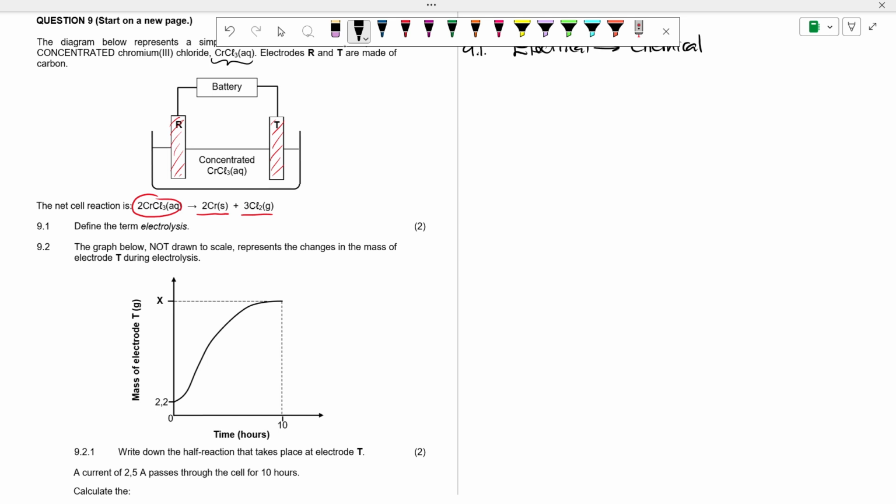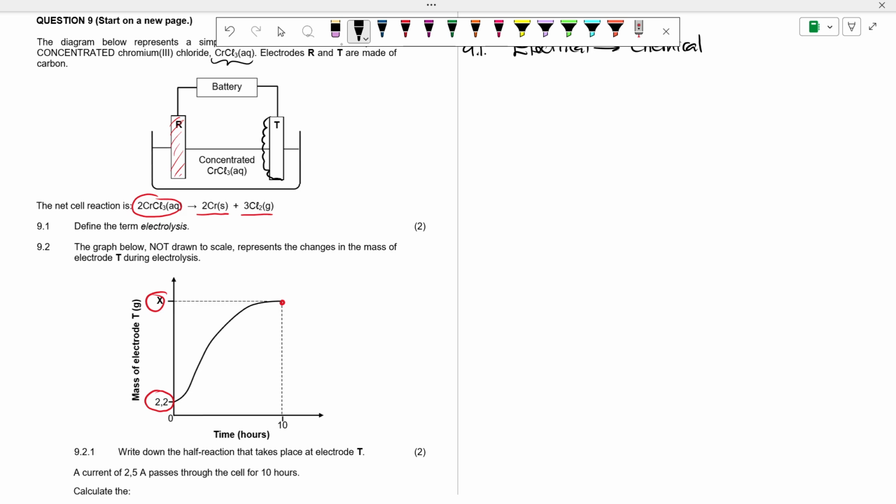So the graph here will give you some idea of what's going on in the circuit or in the cell. The mass of electrode T is increasing, because at time 0 we start with an electrode that weighs 2.2 grams. After 10 hours we now have X grams, which is higher than 2.2. So on the T electrode, we are gaining mass.